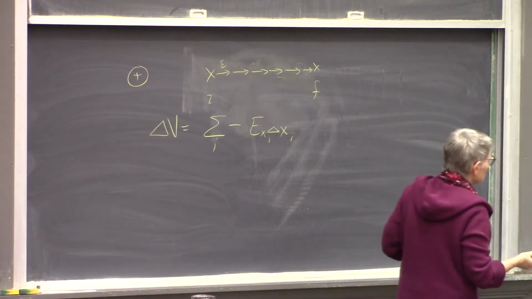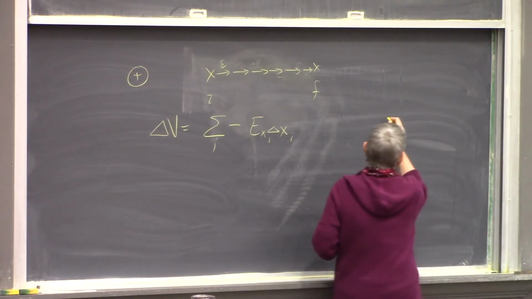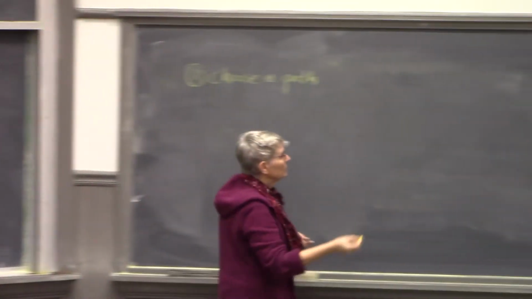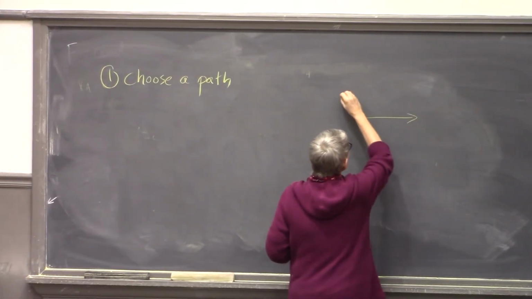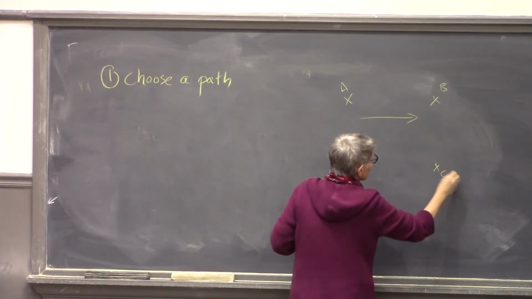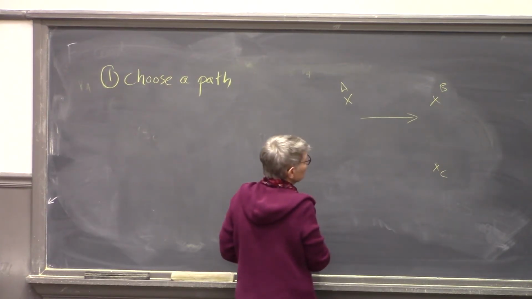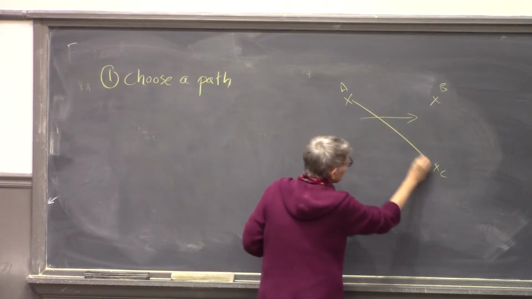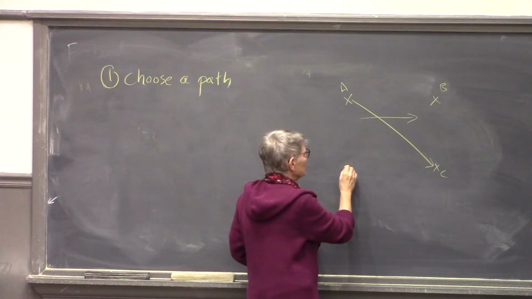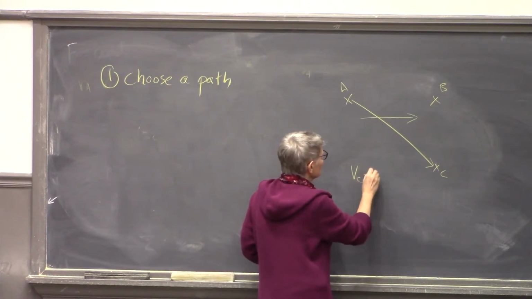Well, it isn't, because even in the situation where we had a uniform field, so here was our uniform field and we had a location, there were two ways we could calculate these.